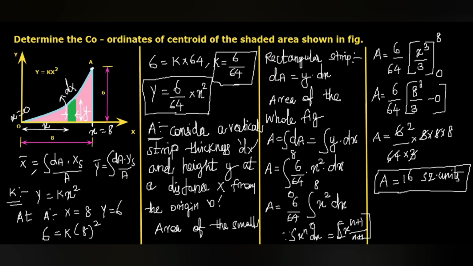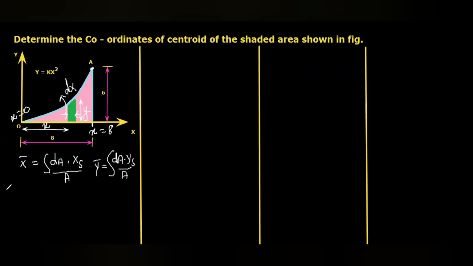So now in the x bar and y bar equation, we have the value of area. Okay. So now we are going to substitute in that relevant equation. We are going to find x bar and y bar, which are the coordinates of the centroid. Okay.